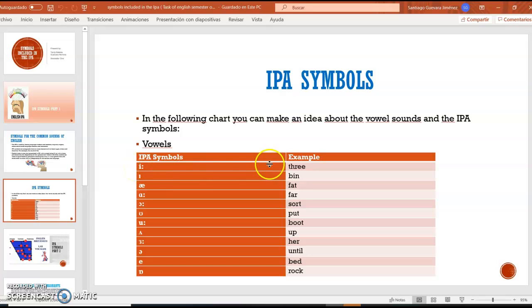I, there, three. A, fat. R, far. O, sort.